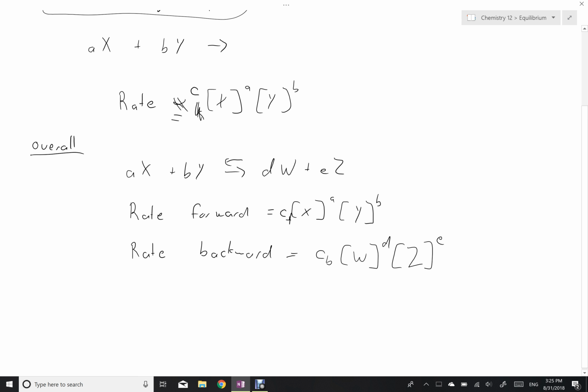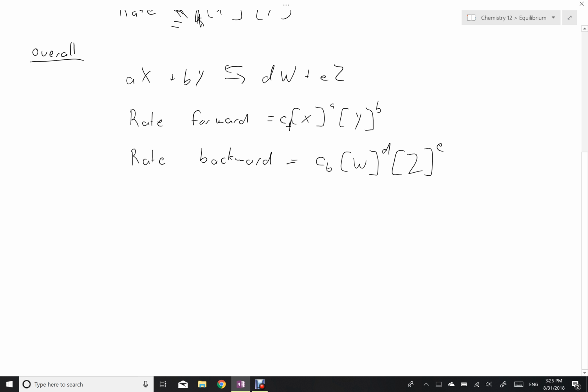Now I can take these two things and I can set them equal to each other, so at equilibrium, the forward reaction rate is equal to the backward reaction rate.